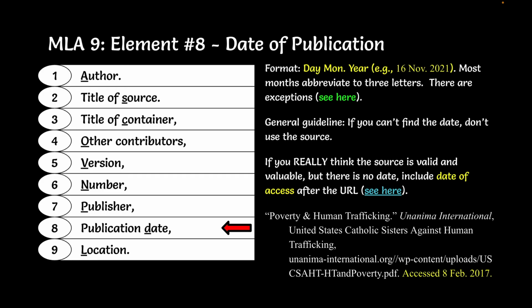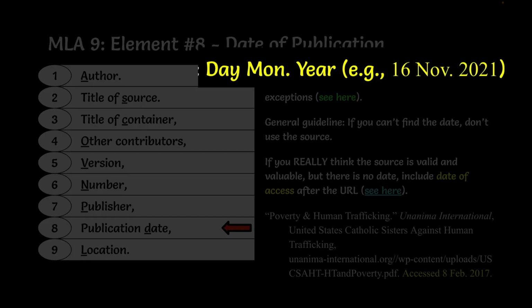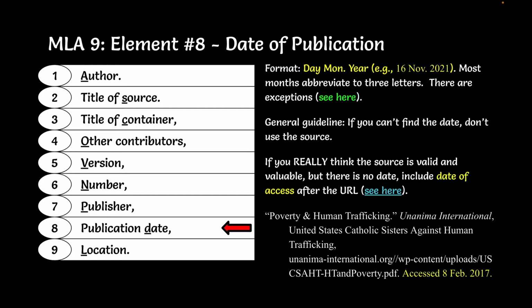It's also important to see that the format of the date of publication is not intuitive for American kids. It is the day of the month followed by an abbreviated month, generally, with 5 exceptions. So it's abbreviated to 3 letters with a period followed by the year. And there is never a comma in the date, ever. Again, it's not intuitive. We'll come back to this in a few slides.